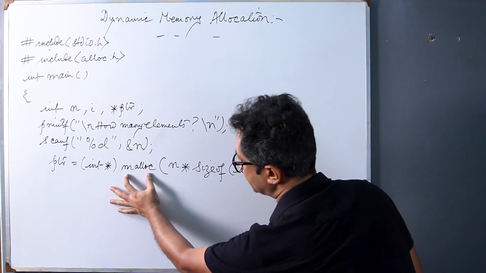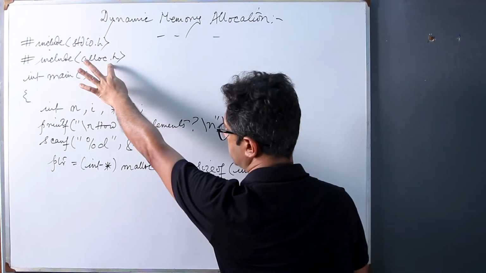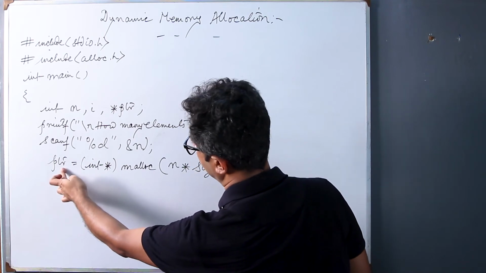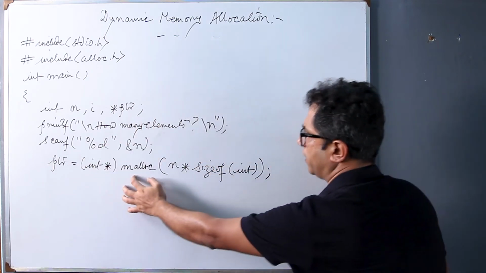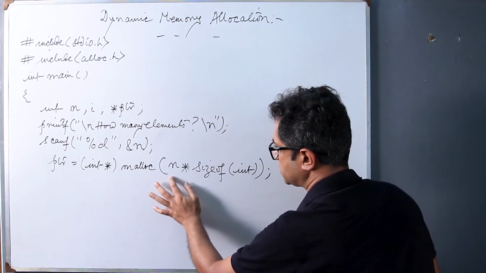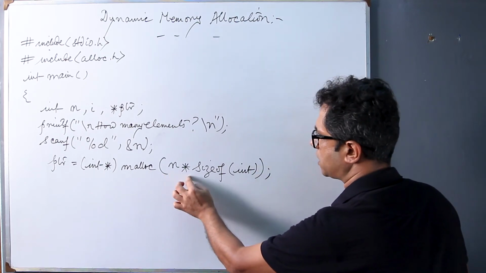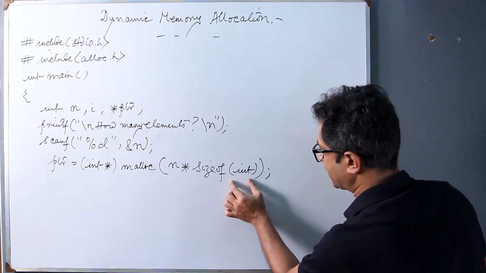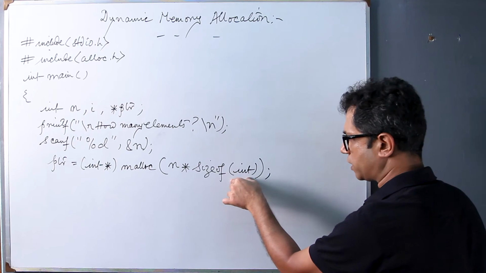So malloc is the library function contained in the alloc.h header file. It will return an integer pointer to be assigned to this ptr pointer variable. The syntax is like this: int *ptr = (int *) malloc(n * sizeof(int)); Inside the parenthesis comes the data type which we are using in this program.